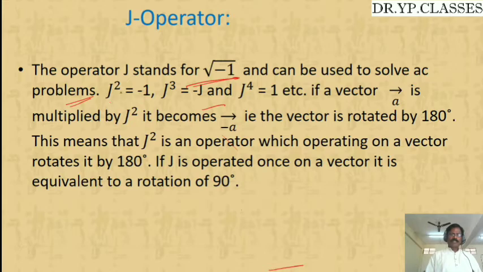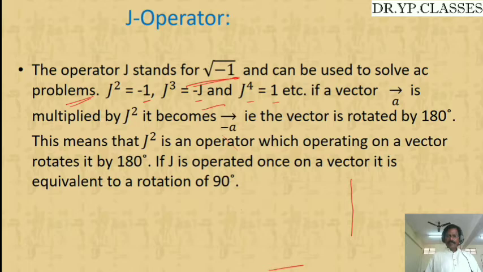So J is equal to root of minus 1, J square is equal to minus 1, J cube is equal to minus J, J to the power of 4 is equal to 1, etc. If a vector A is operated by J square, A becomes minus A. That means the vector is rotated by 180 degrees.